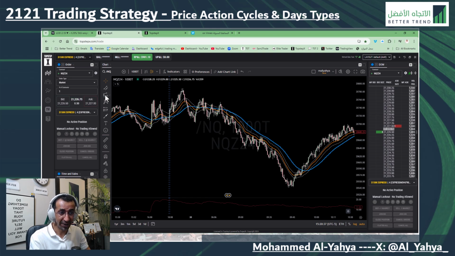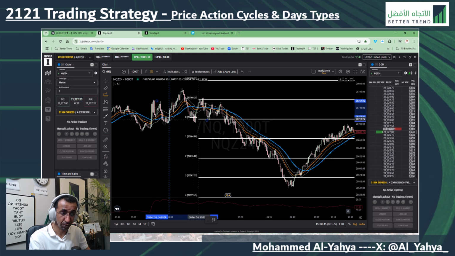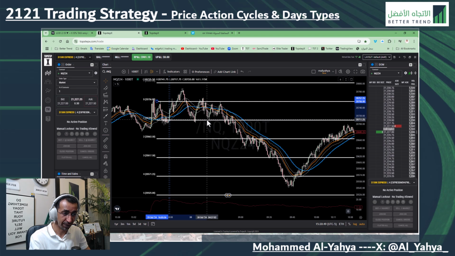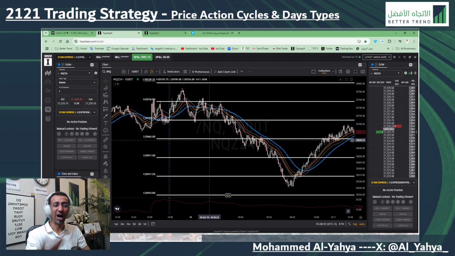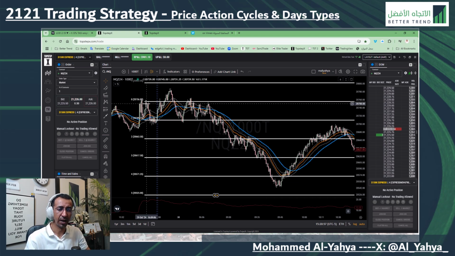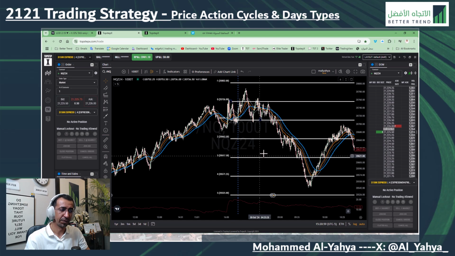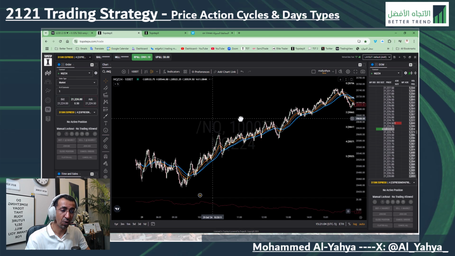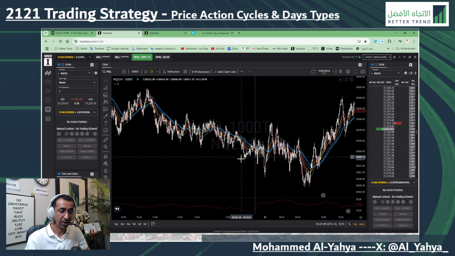You can draw that range: use the highs, the most tested levels, the lows. Maybe you should include the major lows. For example, this one is a major one, this one is a major one. How to draw the range the correct way requires another lesson. So just identify what type of day you have.